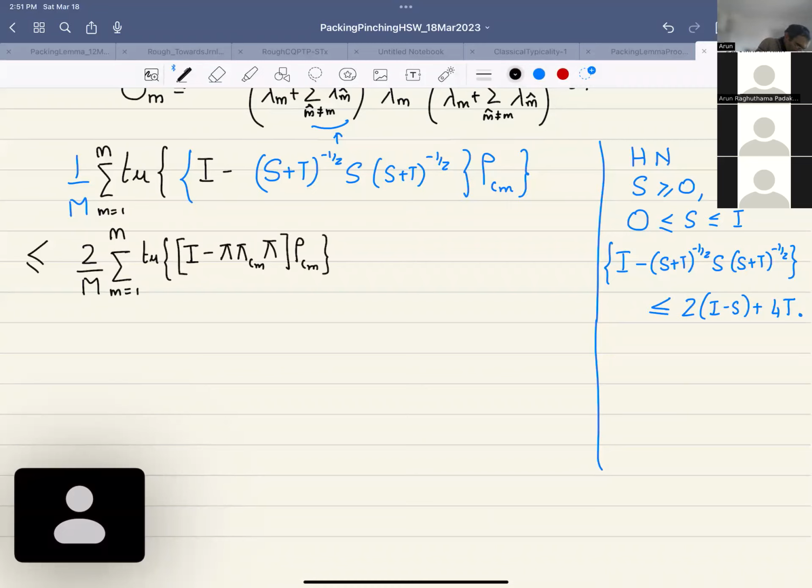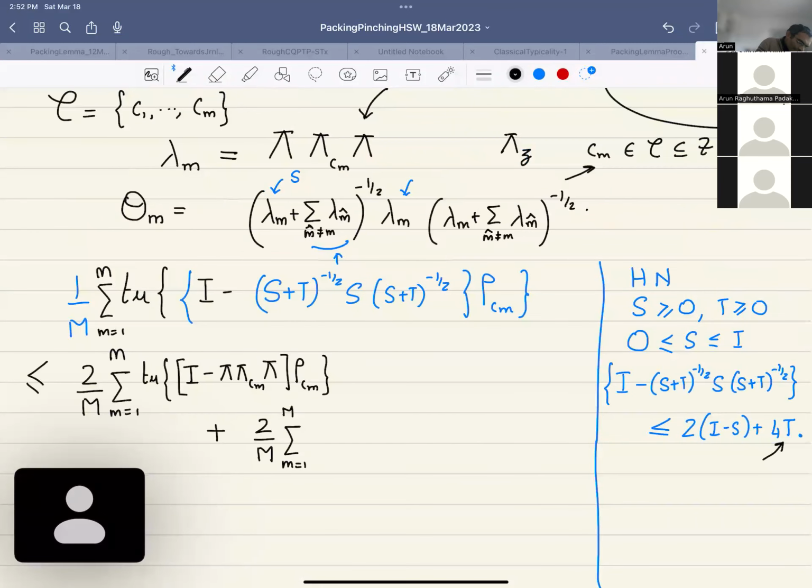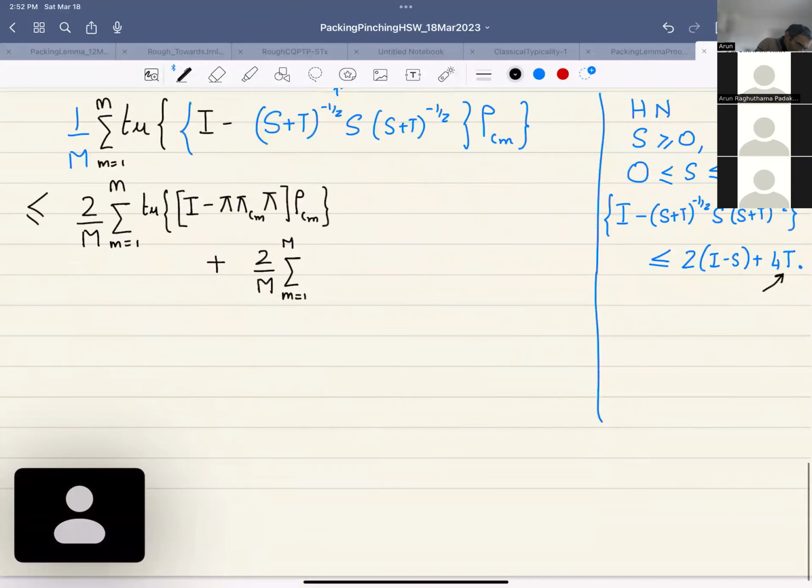This is the first quantity, plus 2 by M, m equal to 1 through M. There is a T here, and our T is all the elements other than lambda m. So it's going to be something like this. Trace of, summation m hat not equal to m, lambda m hat. Lambda m is this, this is your S in some sense. Lambda m hat rho Cm.